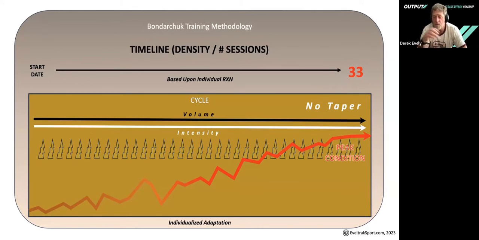So anyway, when they're in peak condition, we haven't tapered them, so they've adapted to the stimulus and to the volume. There's no reason to take them off the volume and intensity, because if you do that, they're going to go down, right?